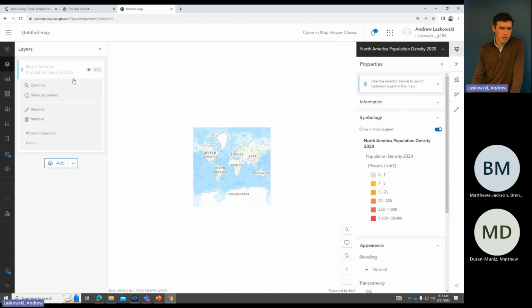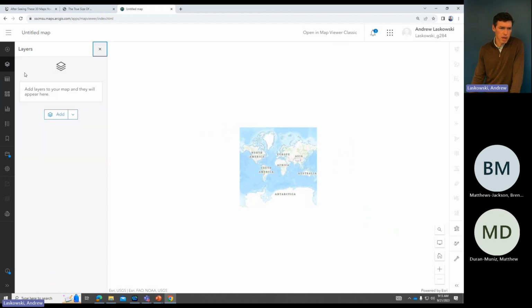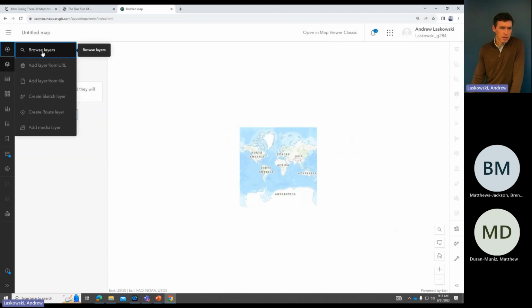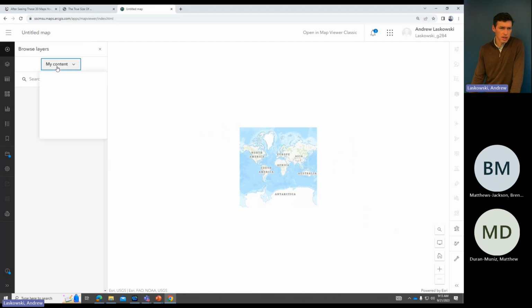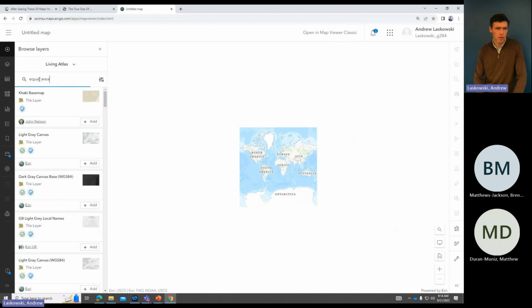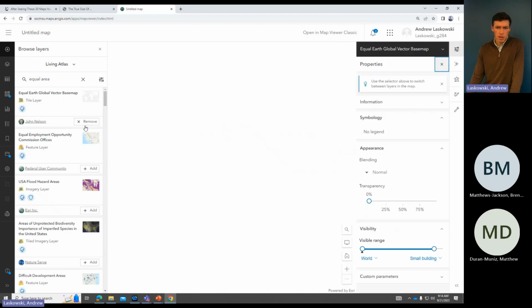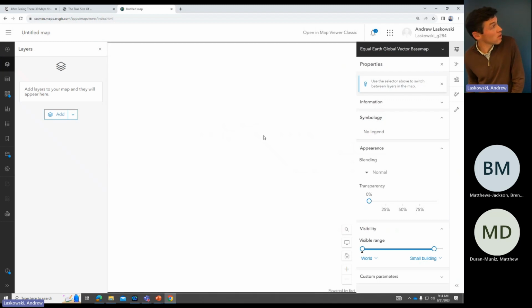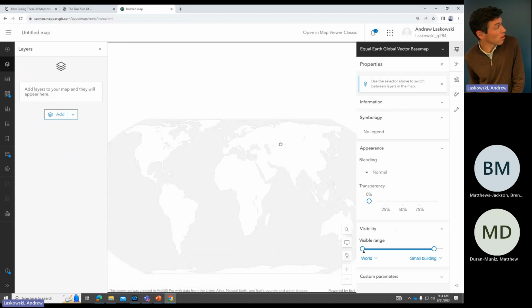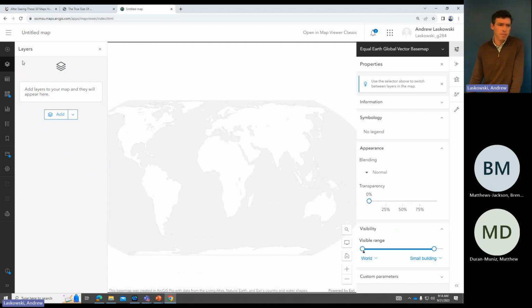All right, first thing I'm going to do is remove the thematic layer I added, so we don't have any projections that need to happen. And then in Living Atlas, search for equal area. Because we don't have any layers being used on the map, it should show up. For some reason, it's really hard to read. But there we go. We've got an equal area base map in ArcGIS Online.